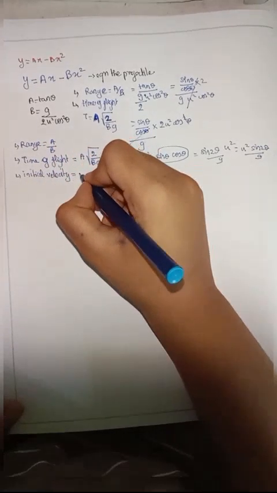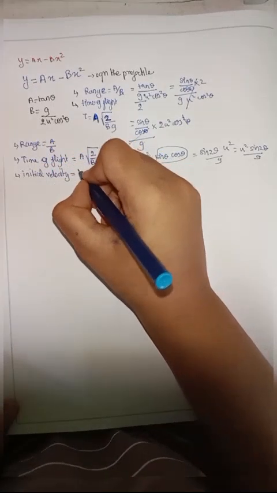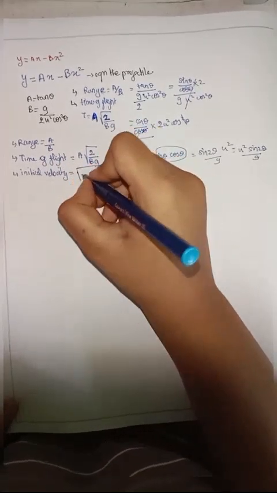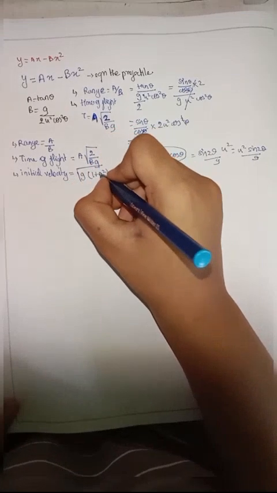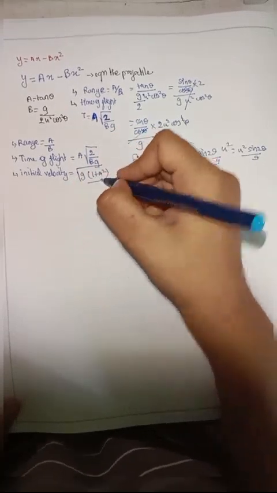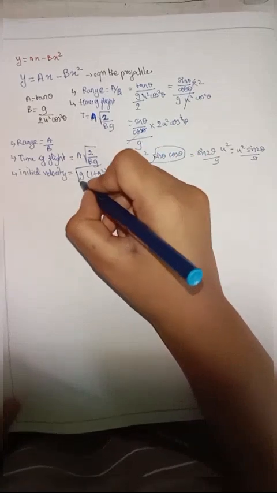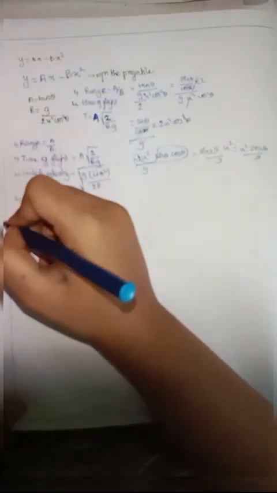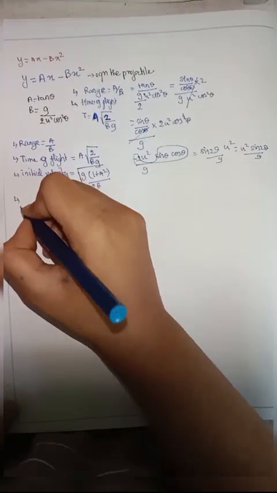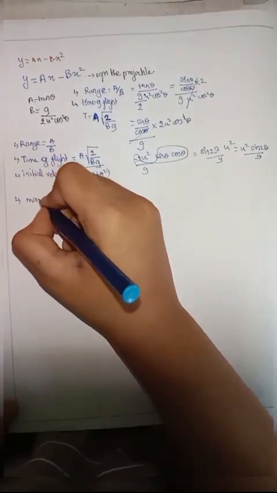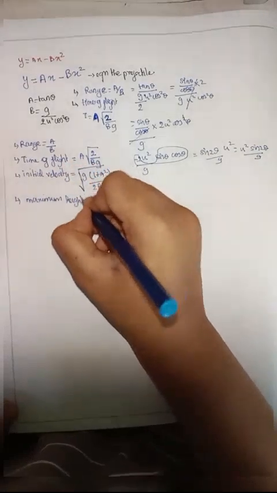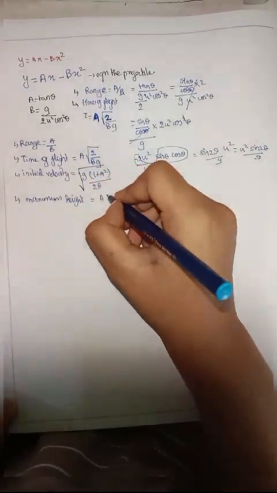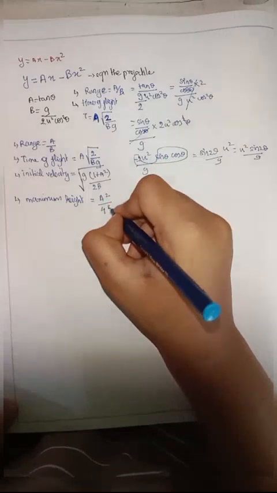Initial velocity we can represent as the square root of g into 1 plus a squared divided by 2b, whole square root you have to consider. And maximum height is a square by 4b.